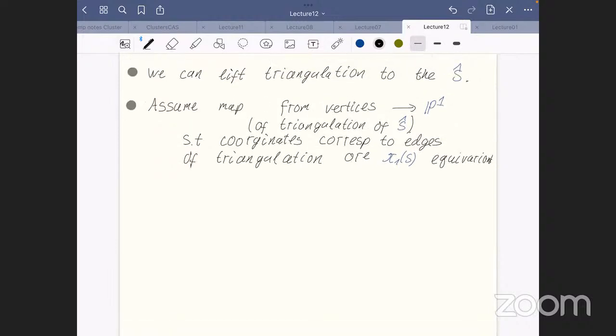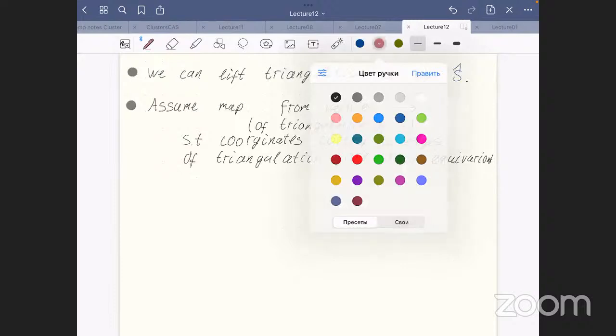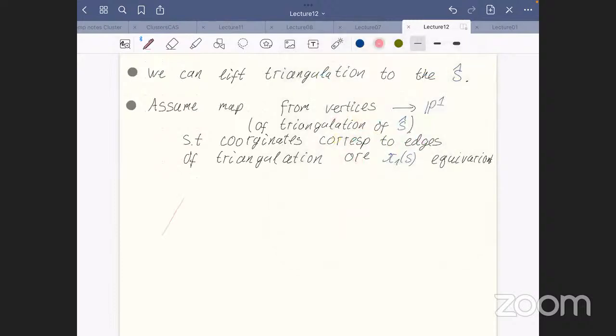What do I mean here? That for any edge which we have in our triangulation, any edge can be viewed as diagonal in some foregone, and we have formula.